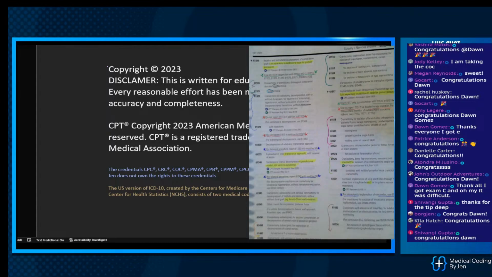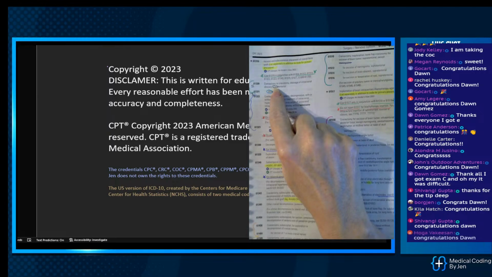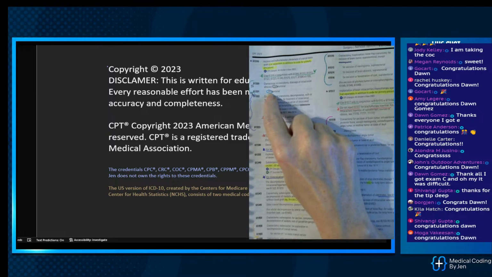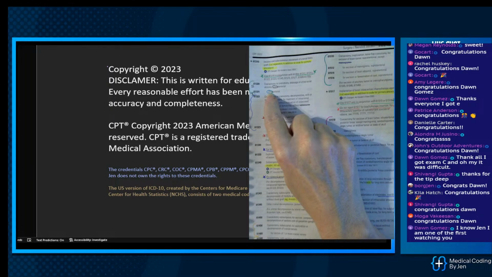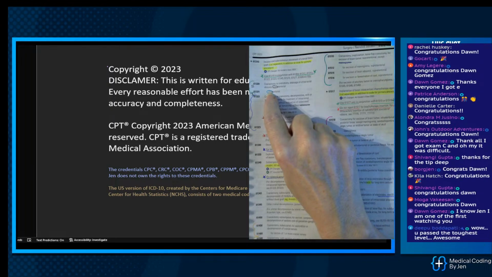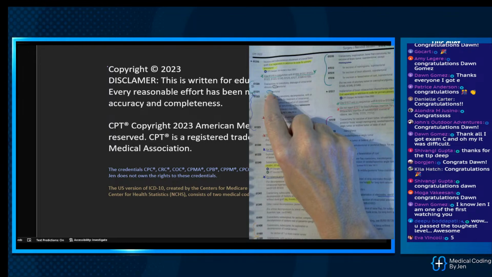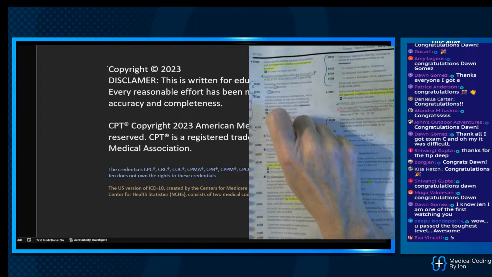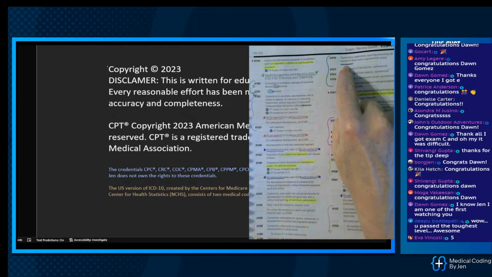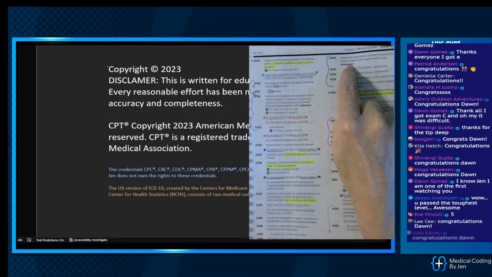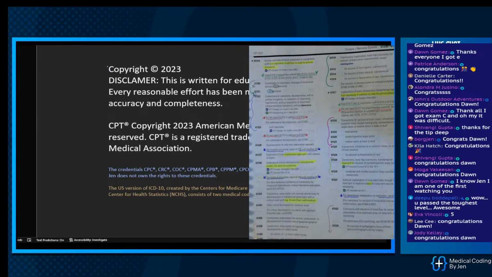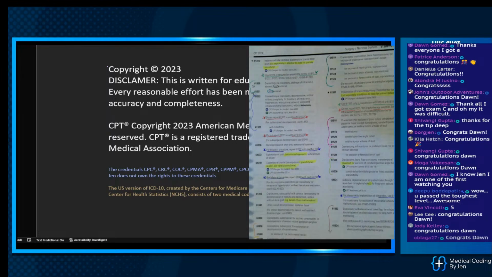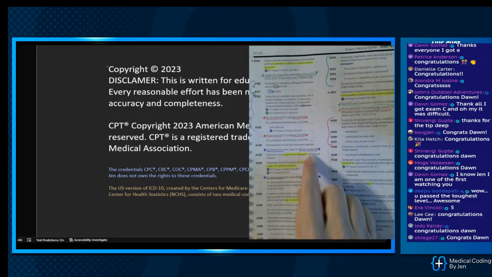A lot of things I'm finding are just the differences of whether it's supra, infra, or intra. So there's just a T there or an F there, which can be your one little letter difference. There's a lot of things that are without, so I'm drawing a line through them. A lot of modifiers to let you know when you can use them or cannot use them. A lot of do nots.